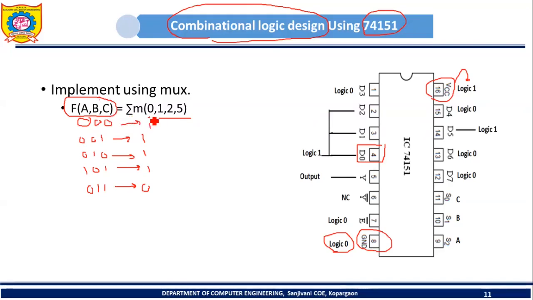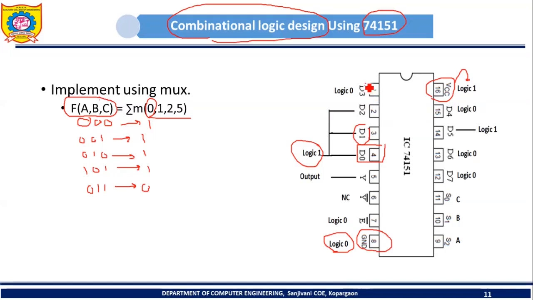Yes, minterm 0 is present, so pin number 4 of this IC should be connected to logic 1. Then the next pin acts as D1, which corresponds to minterm 1. Is minterm 1 present? Yes, so this pin is also connected to logic 1. Similarly, this D2 pin is also connected to logic 1.